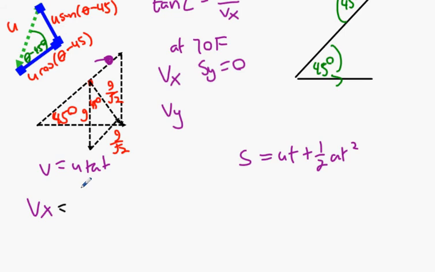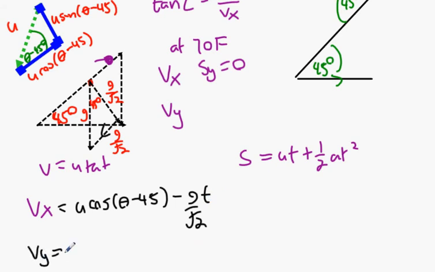Now let's begin. Phi x is u, which is u cos(theta minus 45), plus at, but our acceleration is actually acting against us, so it's going to be minus g over root 2 times t. Equation number 2, phi y.